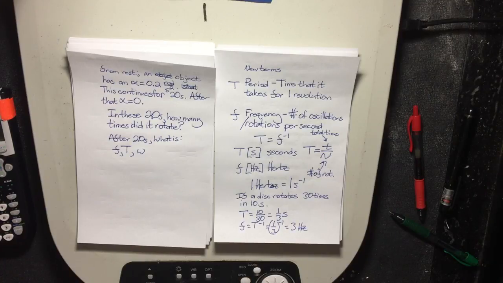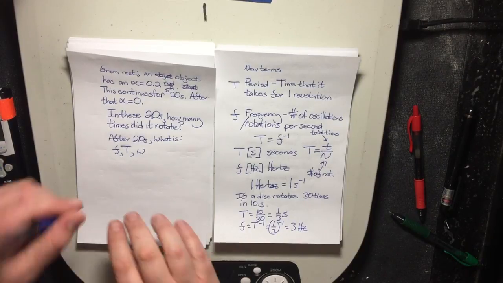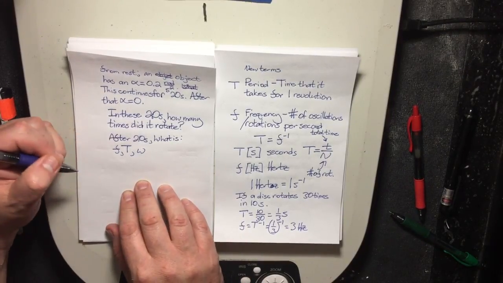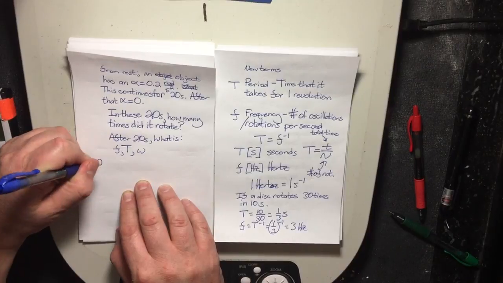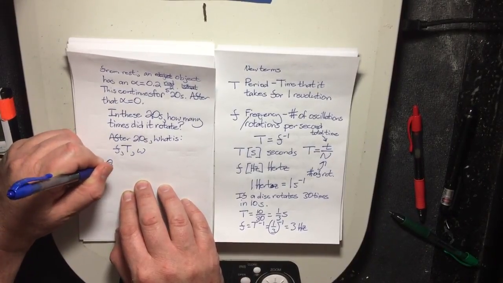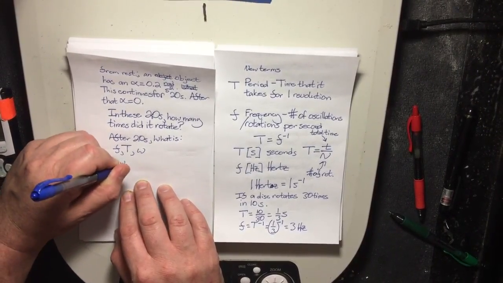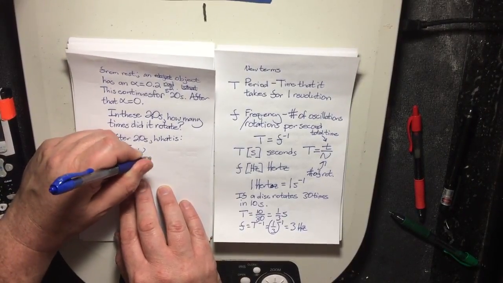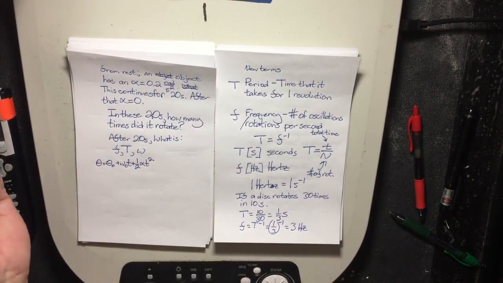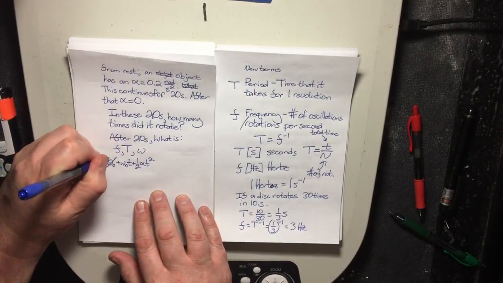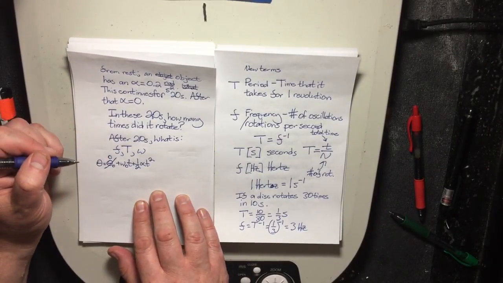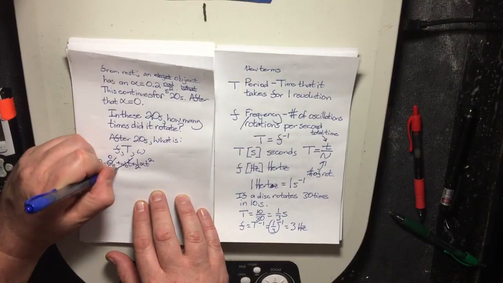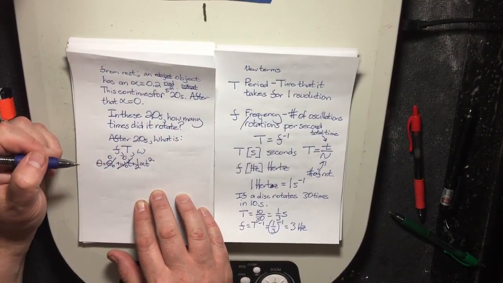So much like a one-dimensional motion problem, you write down the equation of motion for position in a rotation environment: theta equals theta naught plus omega naught t plus 1/2 alpha t squared. You know that theta naught is always 0. It started at rest, so omega naught is 0.